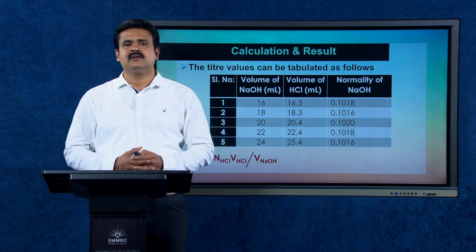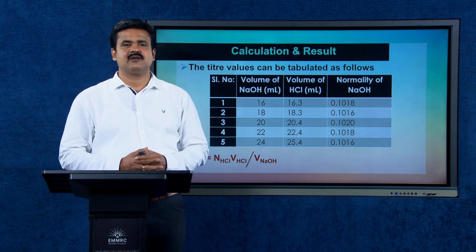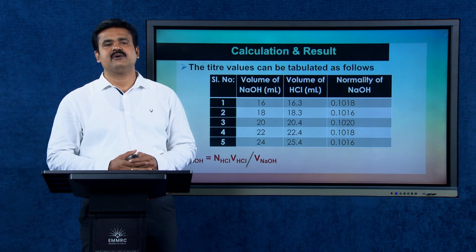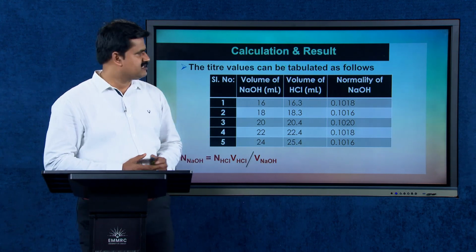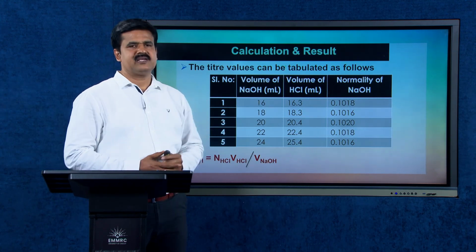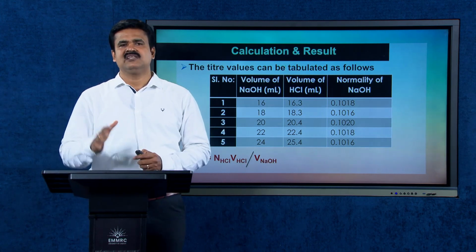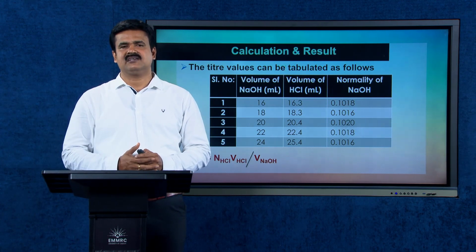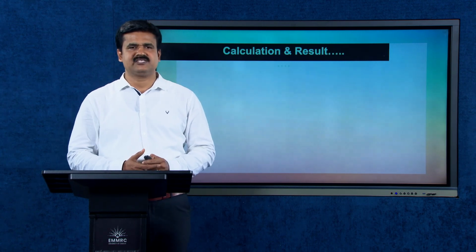And normality of NaOH is calculated using the expression N_NaOH = N_HCl × V_HCl / V_NaOH. That is, the last column is filled by using this expression. So, the details of the experiment are tabulated and the normality is calculated.